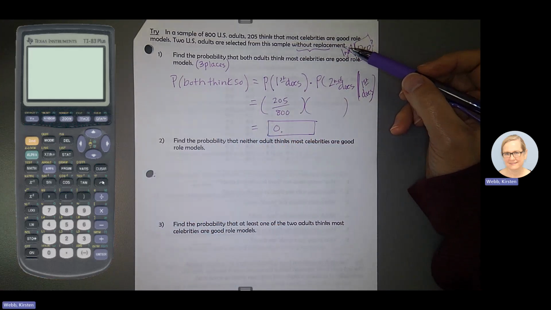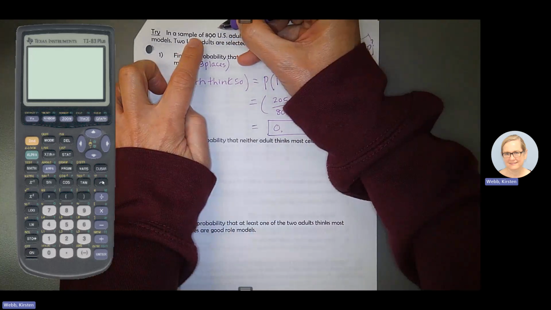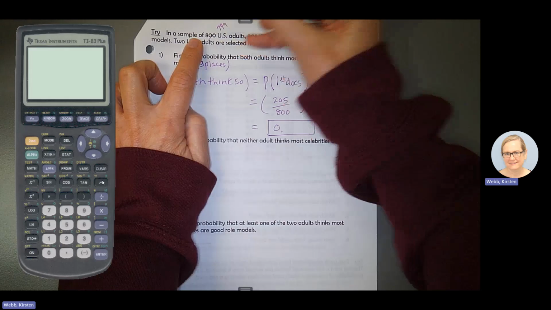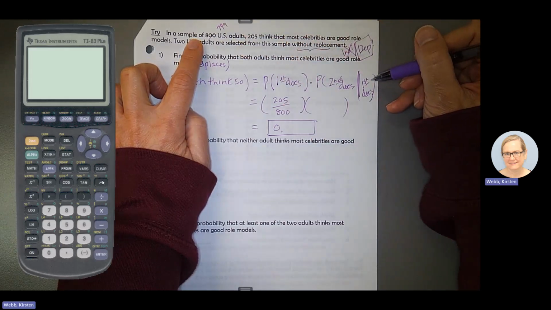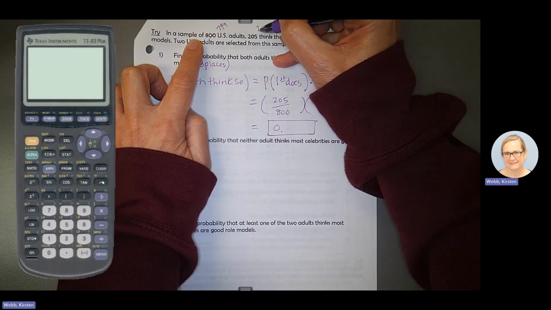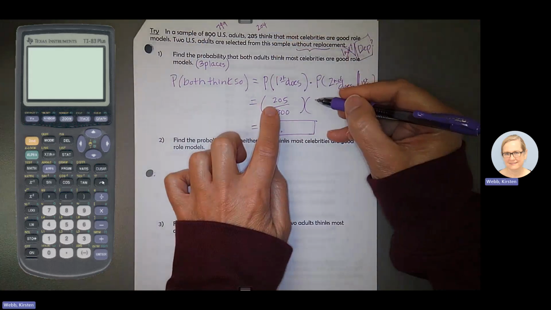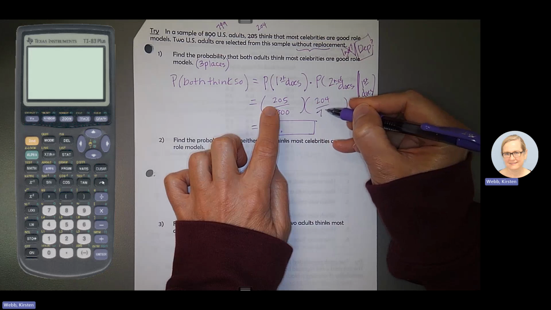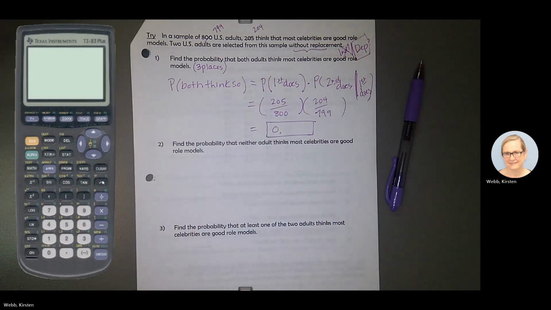And now once that first name is picked, if we don't replace it, that means we have 1 fewer adults total, right? And the first one we picked does think that way, so we have 1 fewer people that think that way. So we're talking 204 out of 799 for our second probability, because we kept out a name and that name was someone who did think celebrities were good role models.